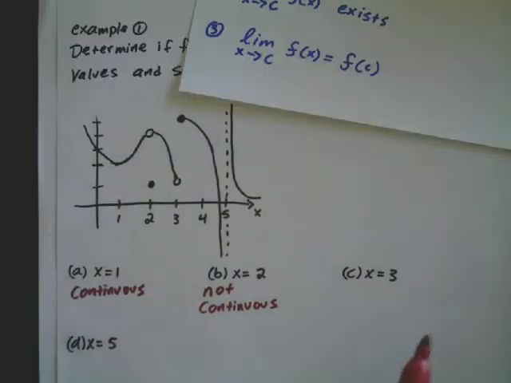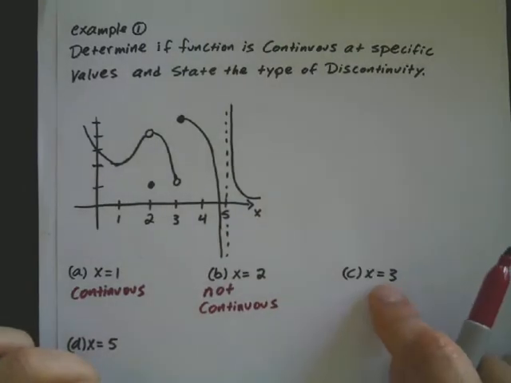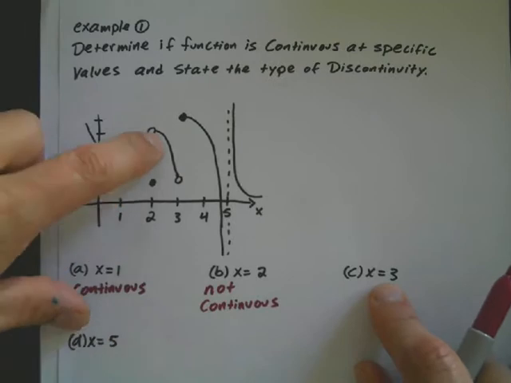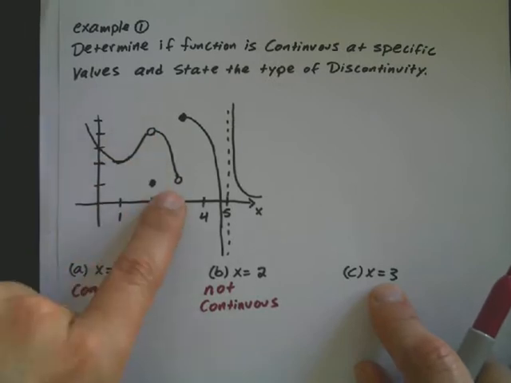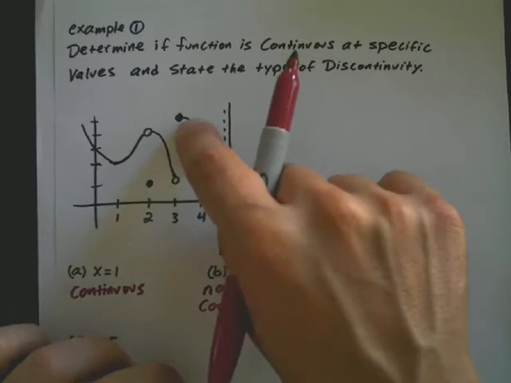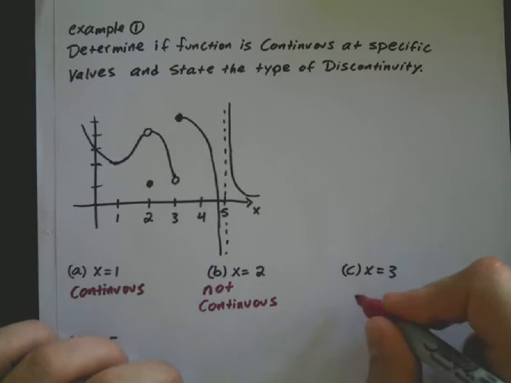For part C, it's asking at x equal to 3. The limit from the left appears to be 1. The limit from the right appears to be 5. So obviously there's going to be a jump, so this is not continuous.